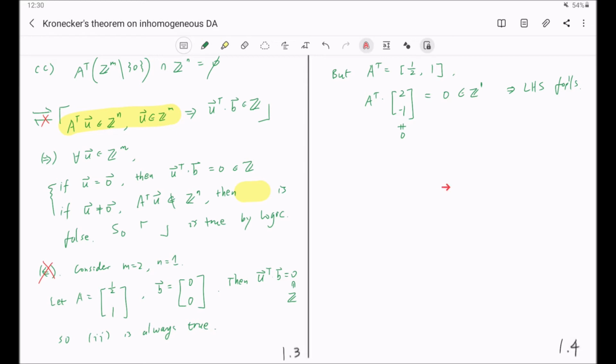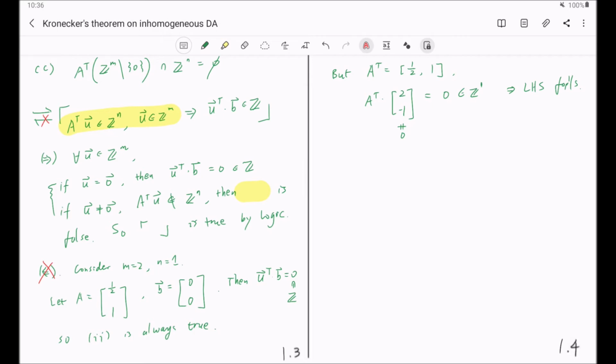So what we got is a statement that is strictly stronger than the statement 2 in the Kronecker's theorem. It shouldn't be hard for you to realize that those two guys are not equivalent, because we are ignoring the vector b in this statement.